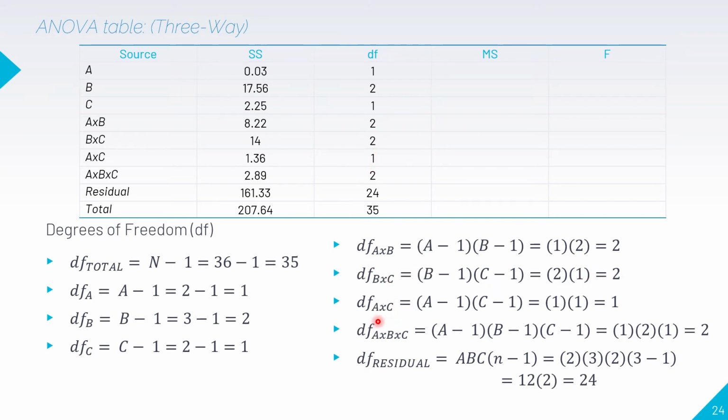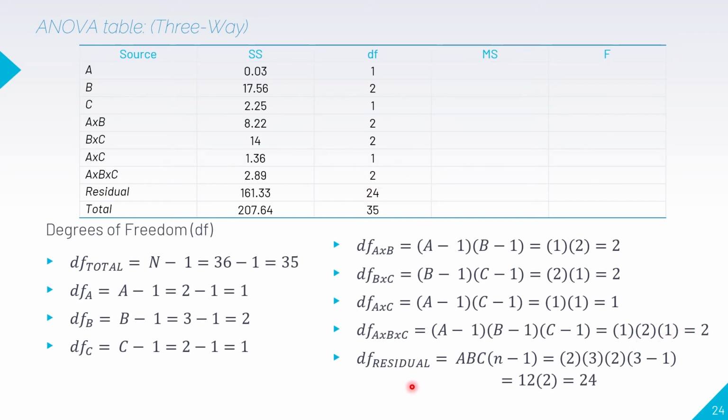For the df of A by C, we have A minus 1 and C minus 1, because this is the formula for their df's. So 1 times 1 is equal to 1. For the df A by B by C, same as this, we multiply the df of A, the df of B, and the df of C. So we have 1 times 2 times 1, we have 2.